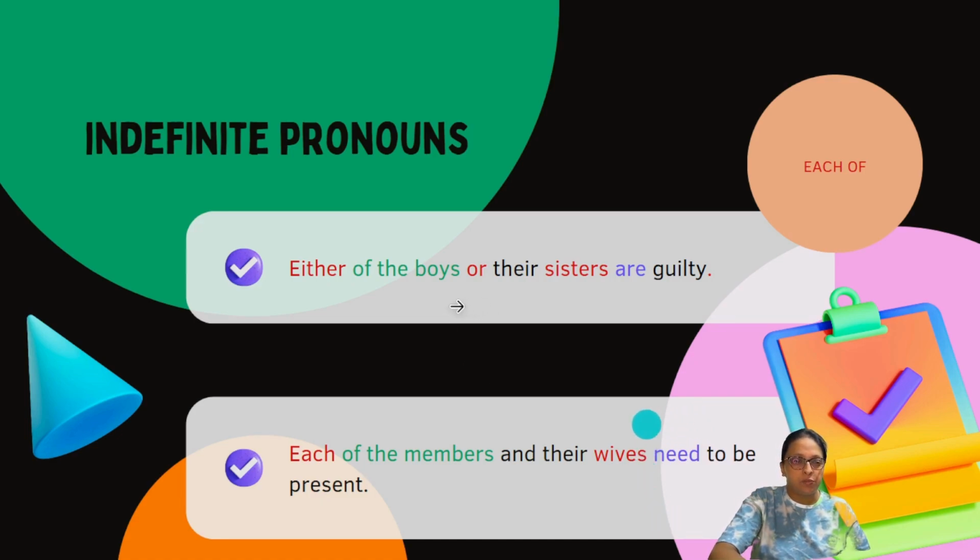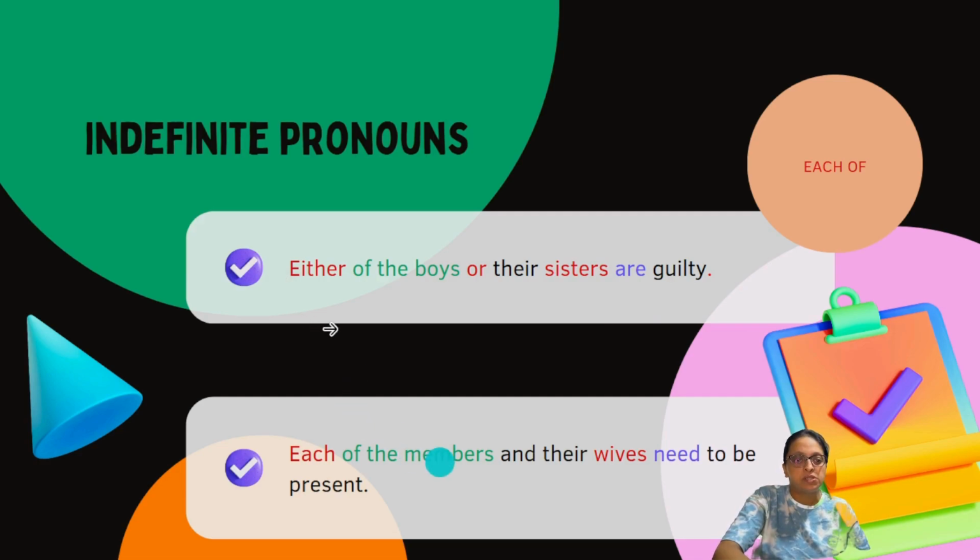So the bottom line is, if we add a conjunction and we add more plural subjects, then we have to consider the plural subjects, and accordingly the verb has to be changed. It cannot be singular anymore. It has to be plural. But if we don't have these conjunctions, if we don't add any plural subject, then sentences like "Either of the boys is guilty" will be the right sentence.